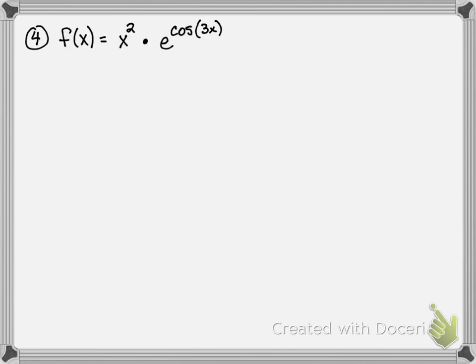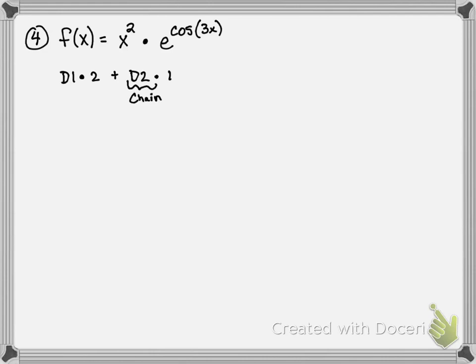Now, this one's a pretty good one to do. So you got a product rule problem, and you also have something that's going to have chain rule in the second piece again. All right, so remember our product rule tells you that it's D1 times 2 plus D2 times 1, and we know that our D2 part is going to have some chain things in it, okay, because there's multiple functions in e to the cosine of 3x.